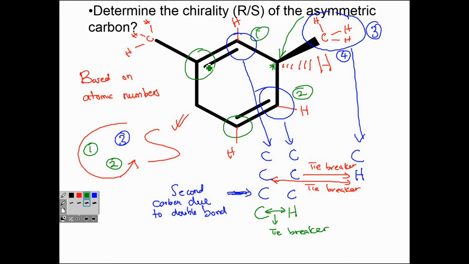But here you have this carbon, which is this carbon over here, bonded to a carbon and a carbon. So the next bigger atom bonded to this carbon is this. So you have a tiebreaker here. That means this should be number 2 and this should be number 1, because it's bonded to another carbon rather than hydrogen. So this wins. This is going to be priority number 1.